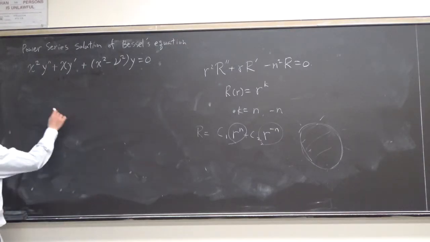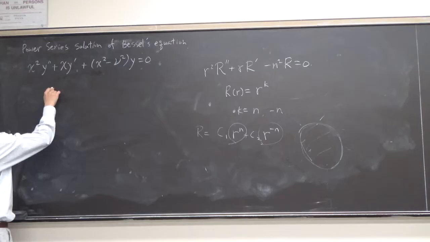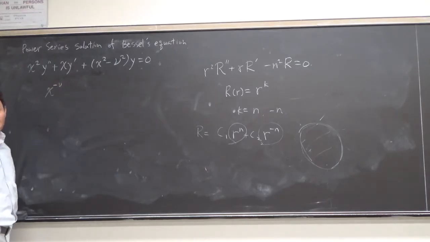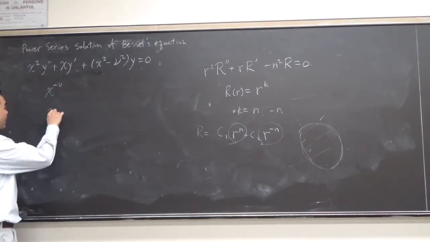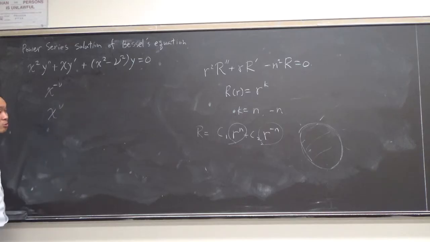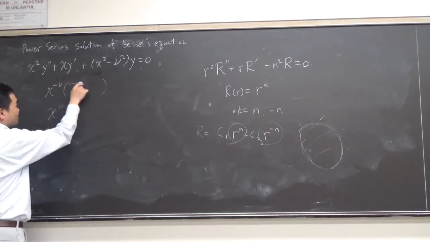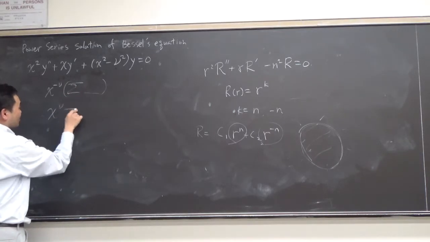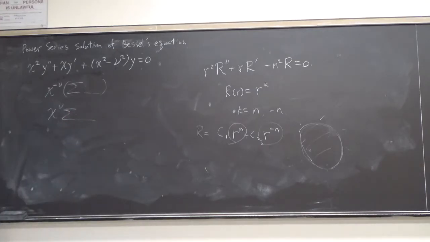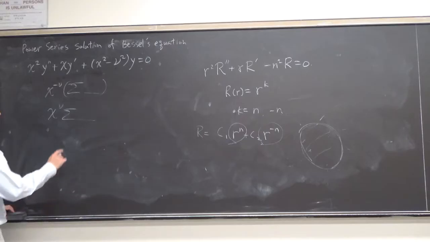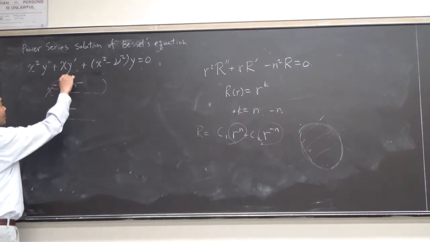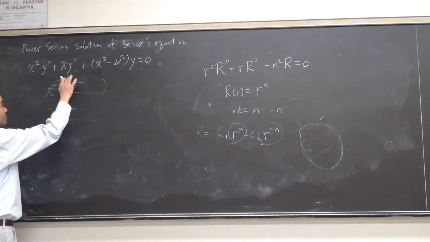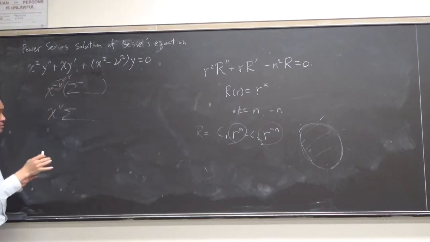One of them will have x to the negative nu type of singularity, and the other one will have x to the nu times some function, some power series here. Power series. And by Frobenius method, people call this one r, not that r, but let's say r is some constant. That's how people write it down.